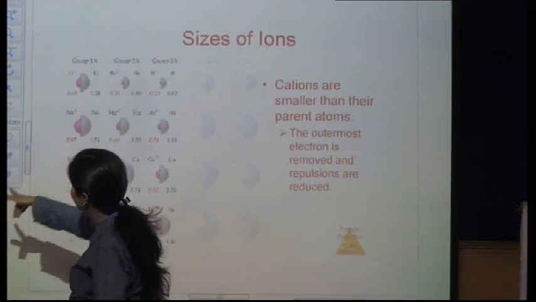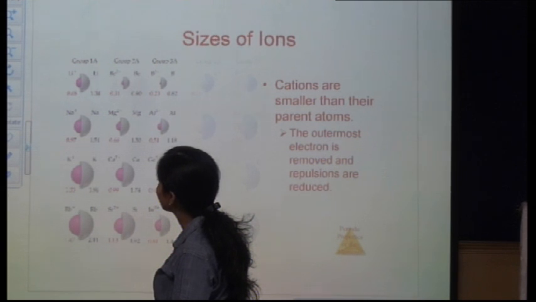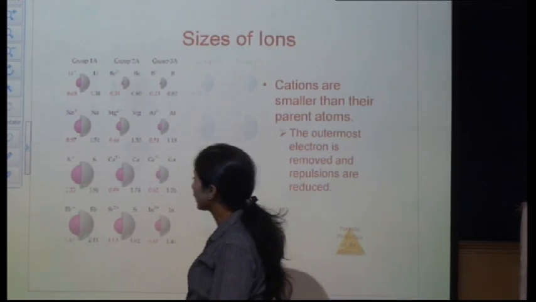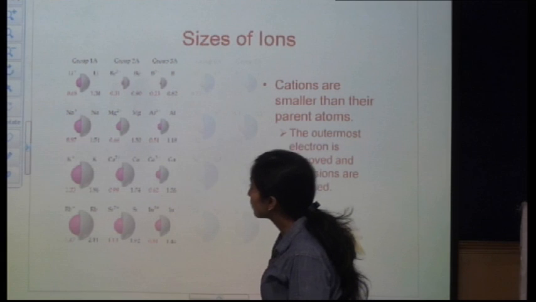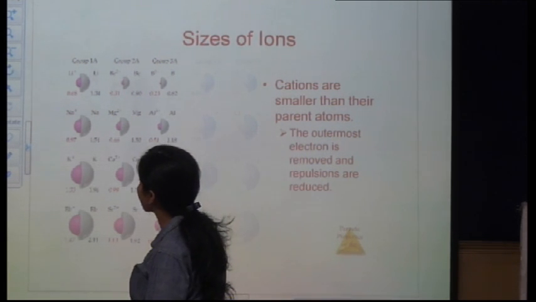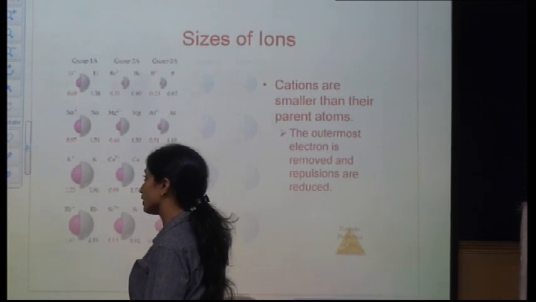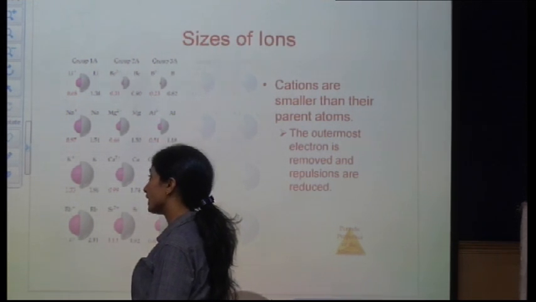There was a question. Can we say that the size of an ion is more because per electron effective nuclear charge is decreasing?